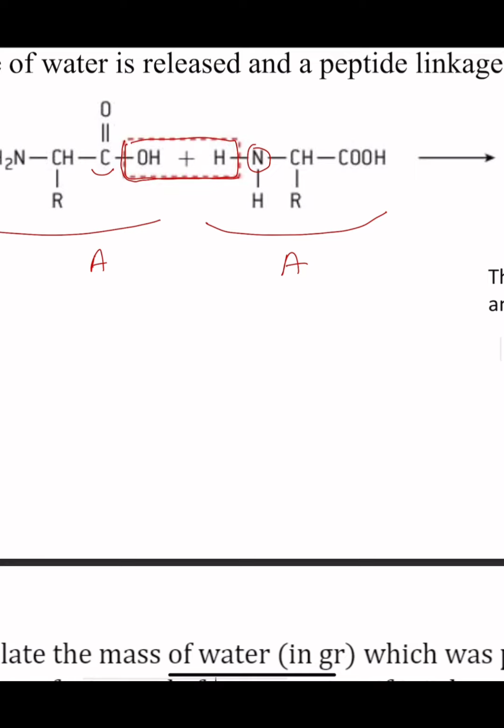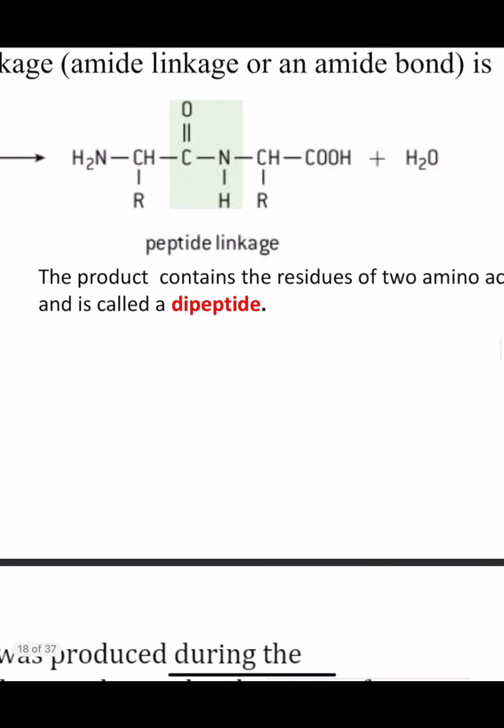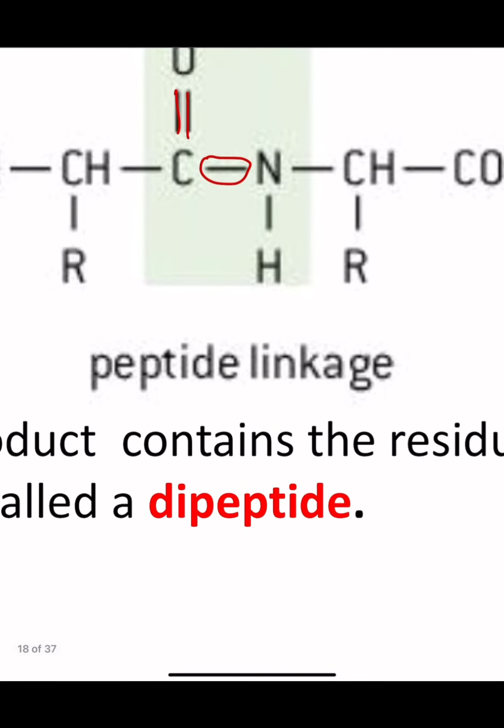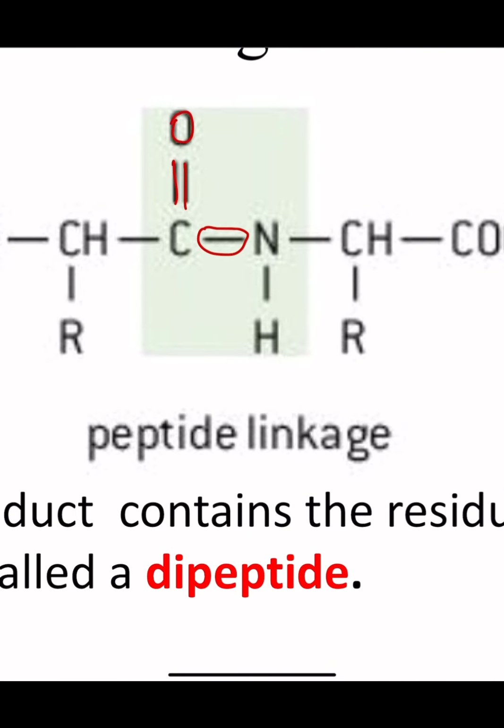I'm just going to get rid of the water from here, and I will connect this carbon with this nitrogen. Look at the product. This bond you need to write properly like this, very detailed, when we ask you to write a dipeptide. And this bond is the peptide bond.